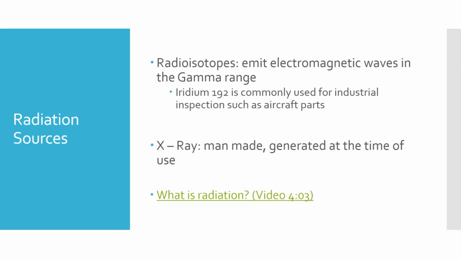And so different materials can have different combinations of protons. So the number of protons in a material sets what kind of material it is. But then you can have different numbers of neutrons that are in that material. And that's what sets the different kind of, so iridium-192 has a certain number of neutrons.